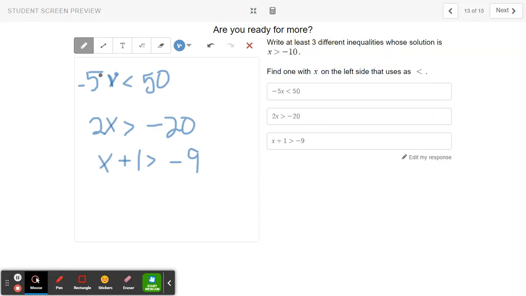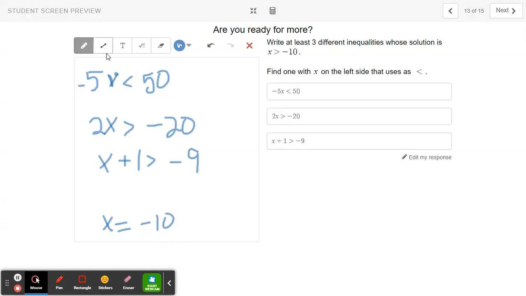So I've come up with my own three inequalities whose solution would be x has to be greater than negative 10 for these to work. Obviously, there are more answers than this, but just some ideas on how I solved these is I started out with just coming up with equations where x equals negative 10, right?